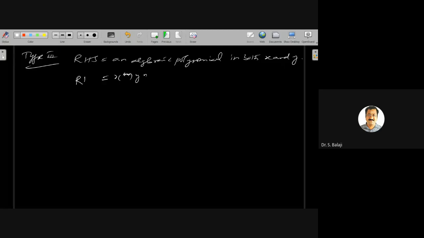Not only this one, any addition of such terms is also possible, like x square, y square plus xy, and that manner.